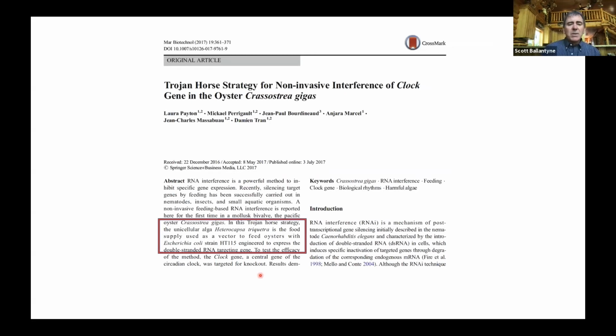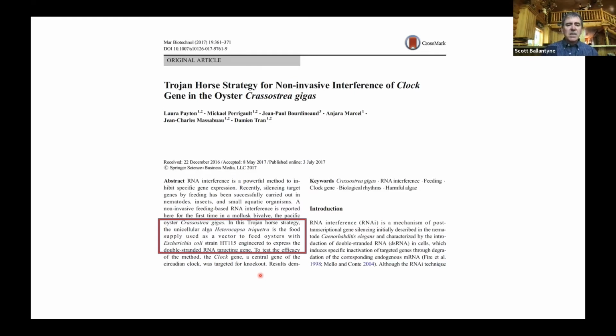One reason we want to increase uptake is also shown in this paper. Daryl just mentioned that oysters can do RNAi, and the authors of this paper used the exact same system we're trying to use, right? They used engineered E. coli to both produce and deliver these double-stranded RNA.